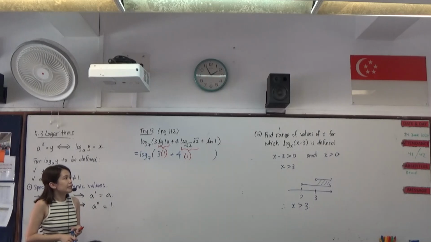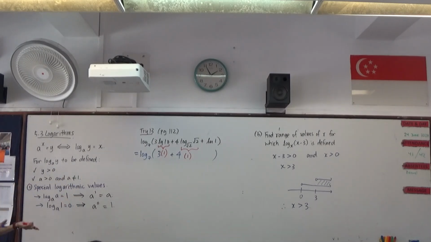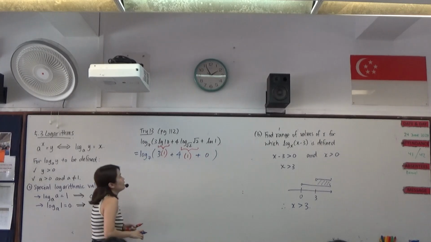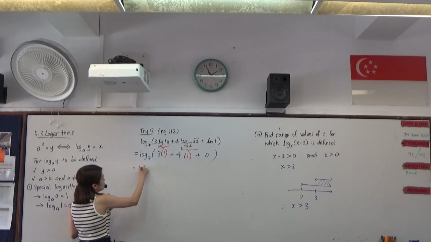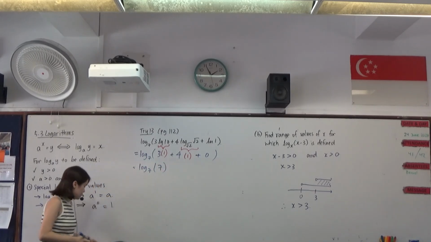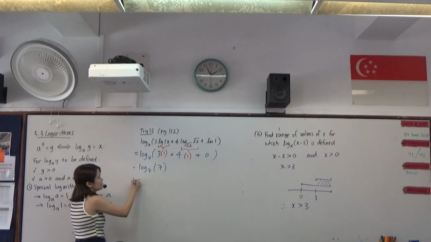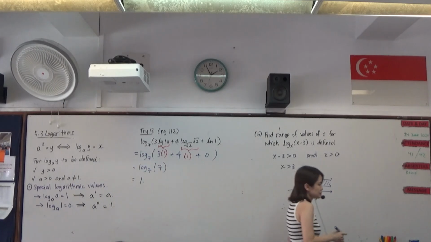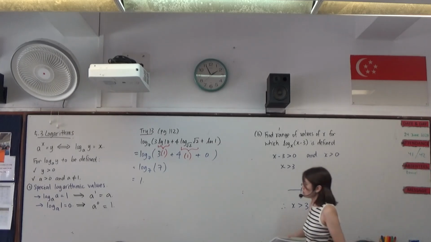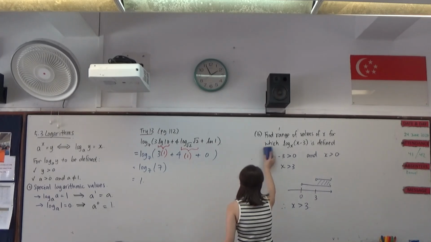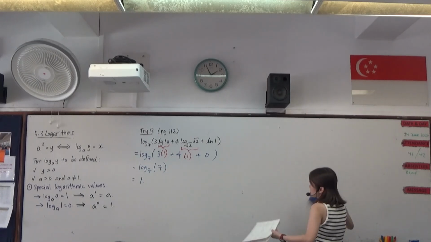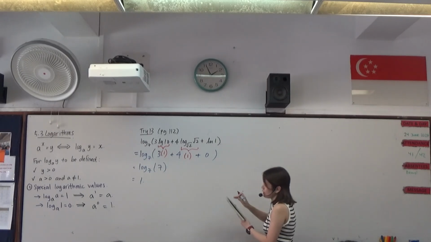Then log 1 base e is just 0. So then we are looking at 3 plus 4, that's 7. So it's just log 7 base 7 and that is just 1. Although later on when I teach you the calculator, surely you can just press the calculator for the value.